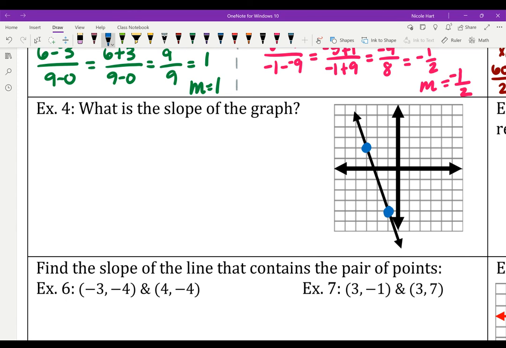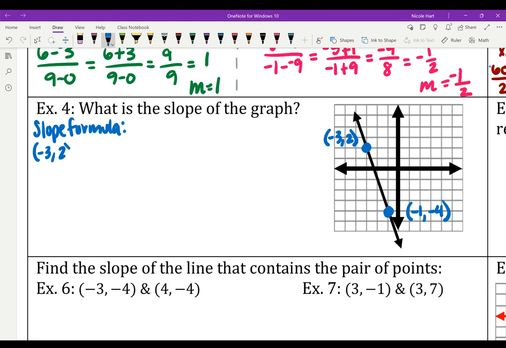The first point, the farthest point to the left, is at negative 3, 2. And the second point is at negative 1, negative 4. So you can do slope formula using those 2 points.